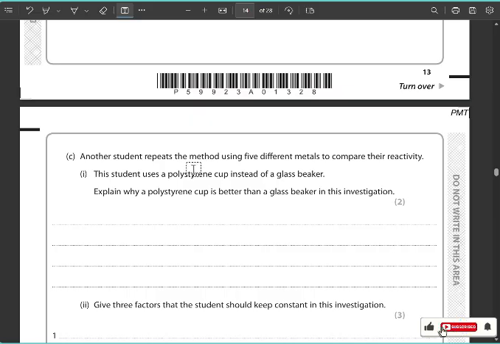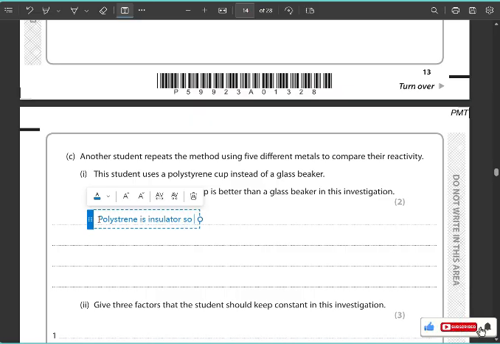Another student repeats the method using 5 different metals to compare their reactivity. These students use a polystyrene cup instead of a glass beaker. Explain why a polystyrene cup is better than a glass beaker in this investigation. The reason is polystyrene is an insulator, so it reduces heat loss.